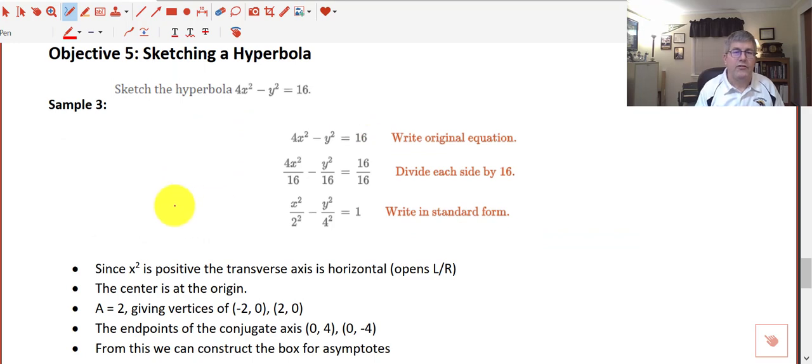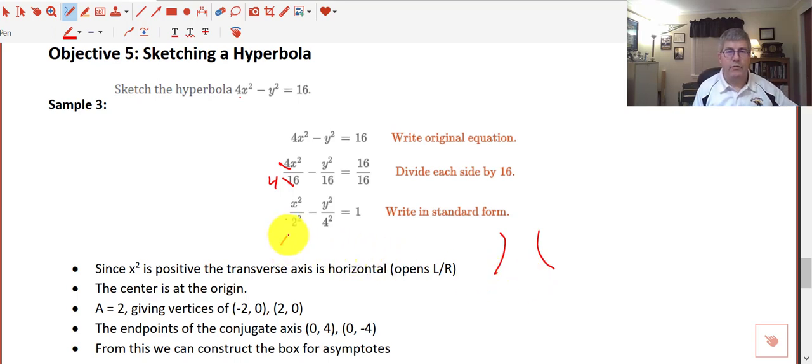So let's go ahead and sketch a hyperbola of 4x squared minus y squared equals 16. We'll divide both sides by 16 because we want this to be equal to 1. And the 4 over the 16 simplifies to just 4, which is 2 squared, and our b value here is 4 squared. So we know that since x squared is positive, the transverse axis is the horizontal axis, and this is going to open to the left and to the right.